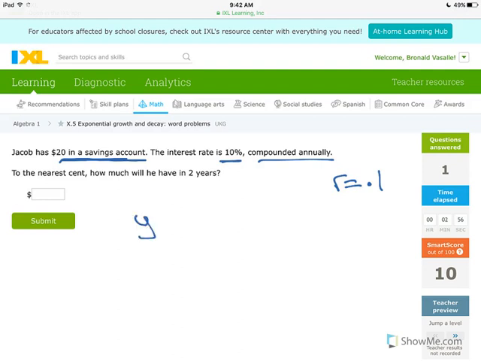So we'll say Y is going to be, how much is he starting with? $20. What is his growth factor? It's going to be 1 plus the interest rate. So 1 plus the R value, 0.1, to the T or to the X.